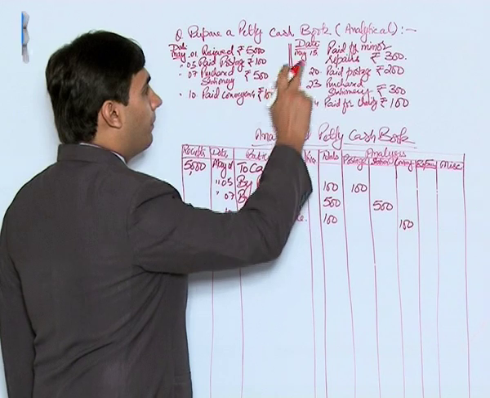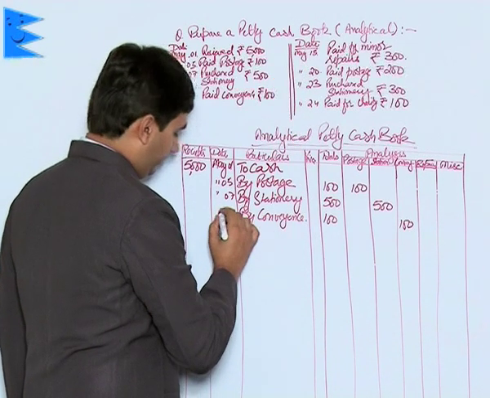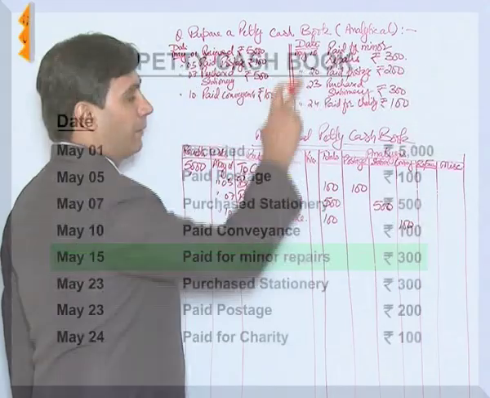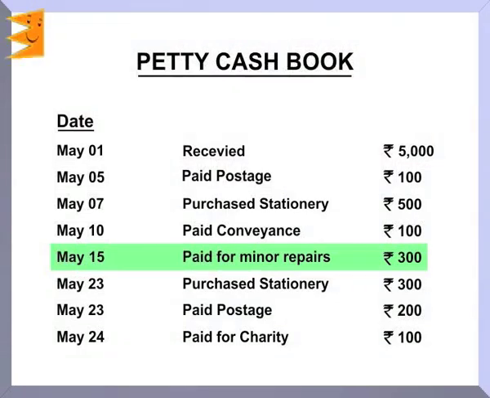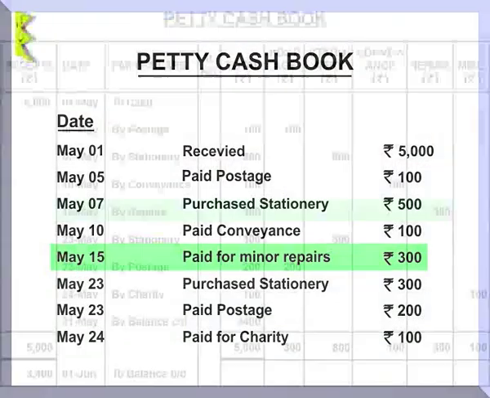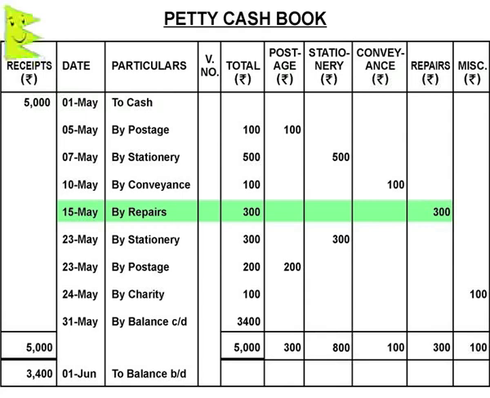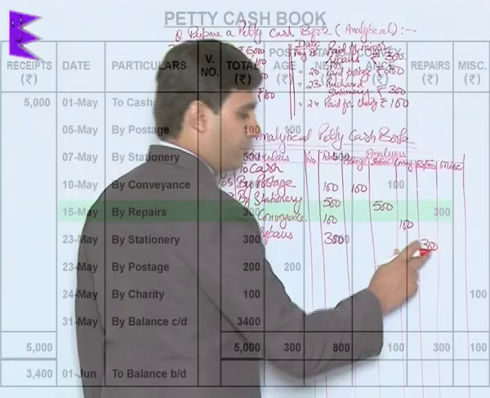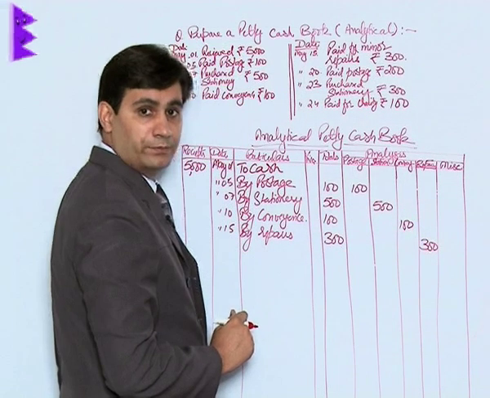Coming to May 15th, the month is same, May 15th, paid for minor repairs. So by repairs, rupees 300. This entry would be put in the repairs column as rupees 300 here as well.